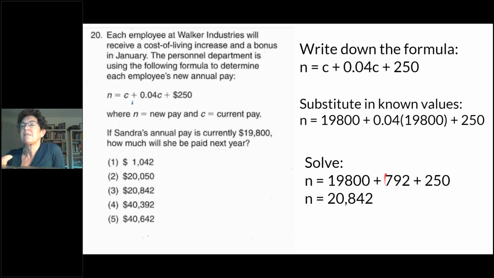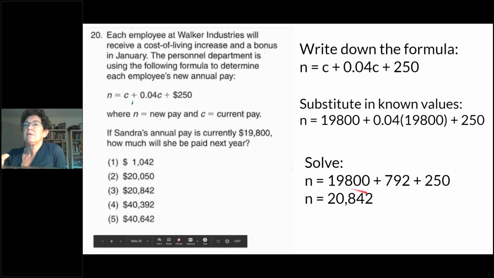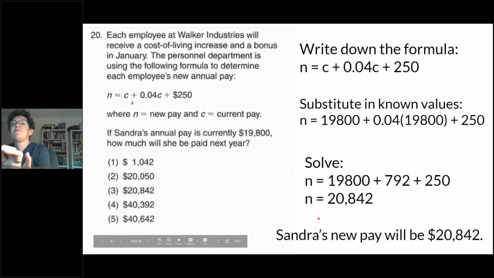Again, this is taking it step by step to make sure that I don't make any simple arithmetic mistakes. And then I do this addition problem, and the answer is 20,842. And I wonder, did I write it again with a dollar sign? Oh, I did. Sandra's new pay will be $20,842.